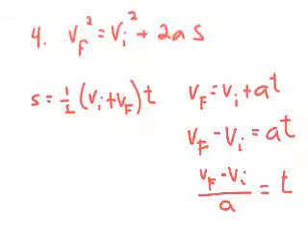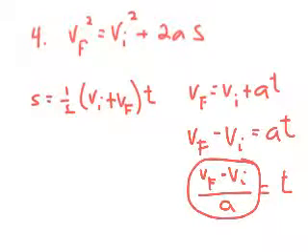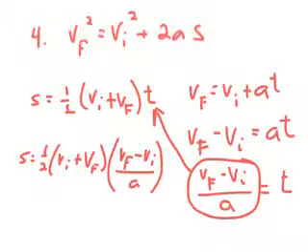What we will do now is we'll take this value for t and substitute it over here in the first equation. And this is going to look quite intimidating, but when you do that you end up with the following. So this is what it looks like once you've subbed in.